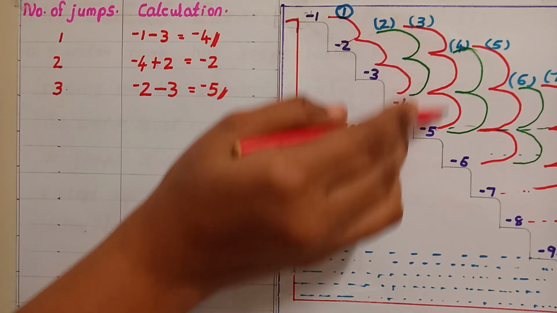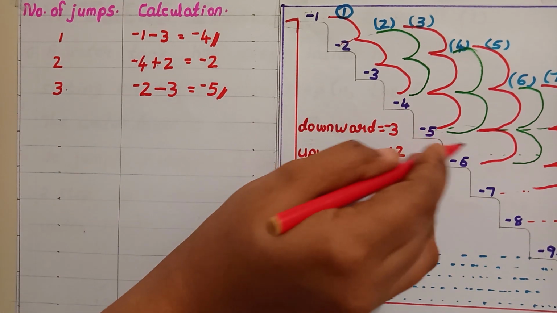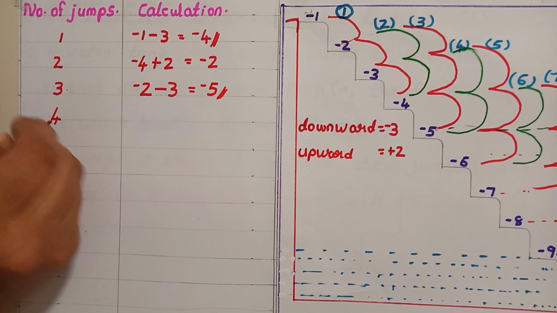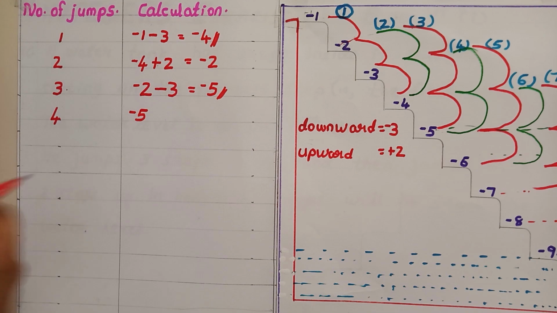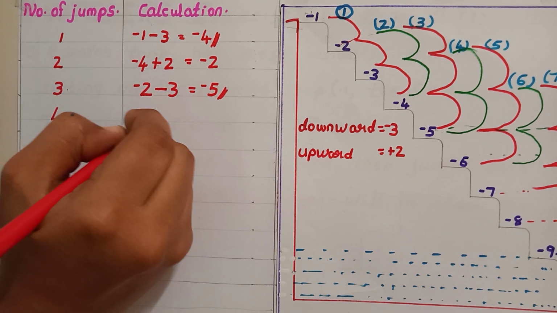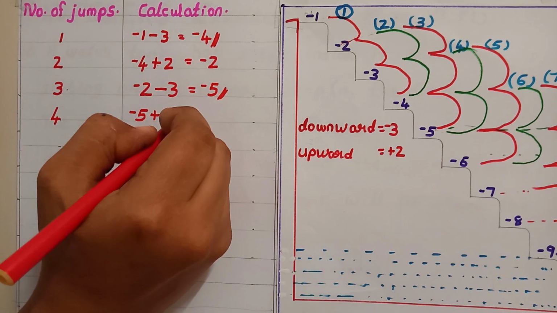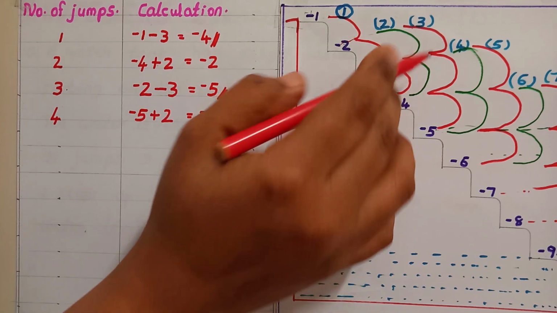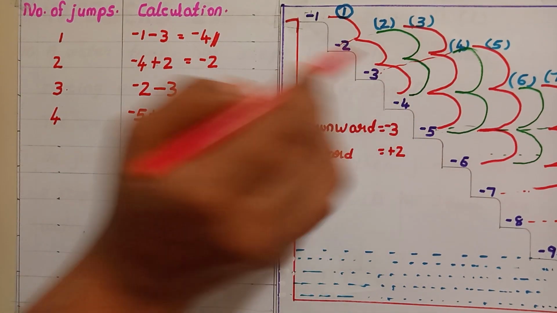Here also you can see that he is at minus 5. From minus 5 he is making an upward jump. So the fourth jump is upward, from minus 5 plus 2. Why? That is an upward jump. So the answer is minus 3.